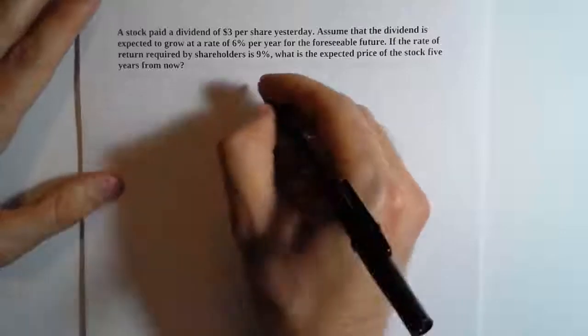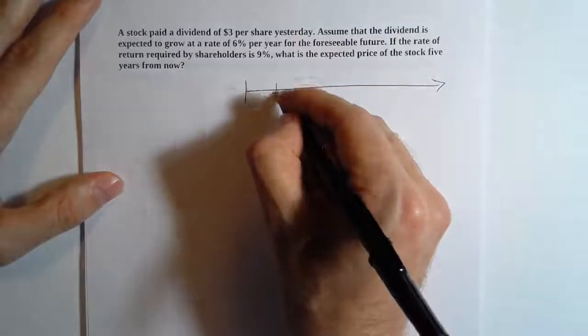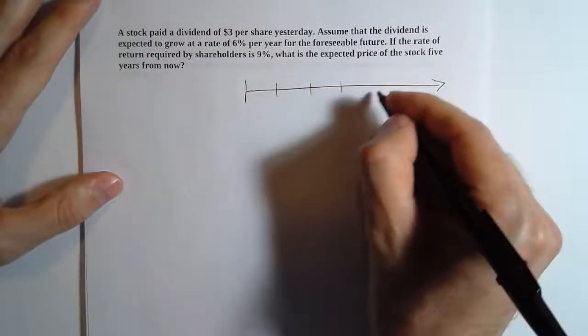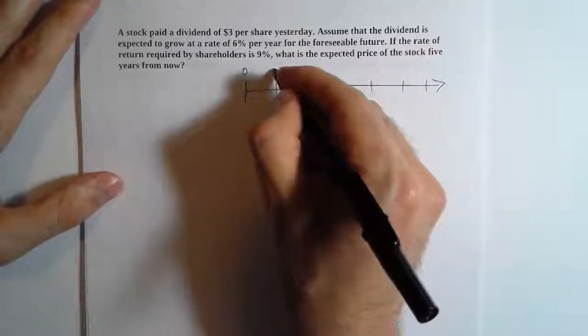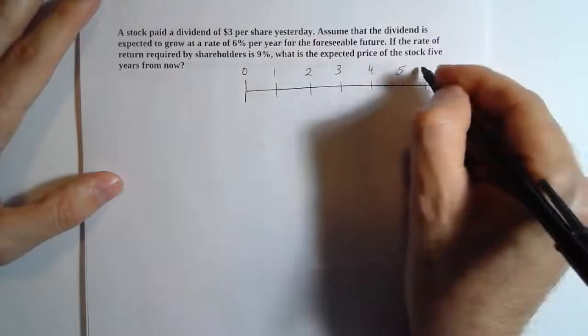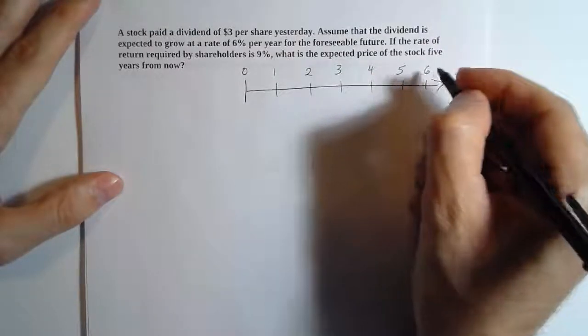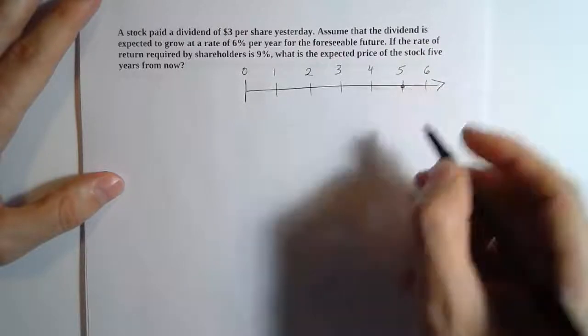So first, let's draw out a timeline so that we can better see what we're doing. In this case, we're asked to find the value of the stock 5 years from now. So in other words, we want to find the value of the stock right here. Okay?